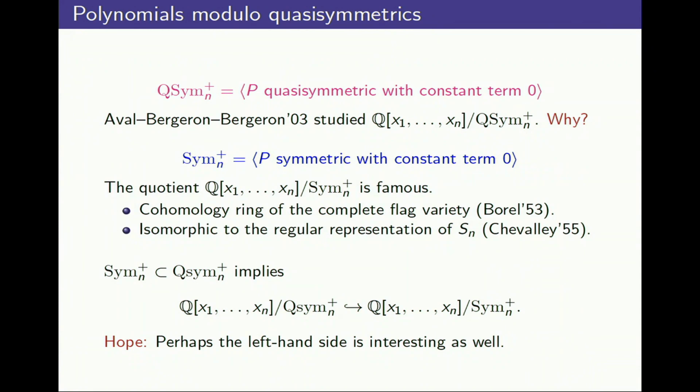So this inclusion of symmetric polynomials inside quasisymmetric polynomials, this inclusion of ideals, implies an injection between this quotient on the left and this quotient on the right. And if the quotient on the right is shiny, one hopes that the sheen rubs off on the one on the left. That's my naive hope.